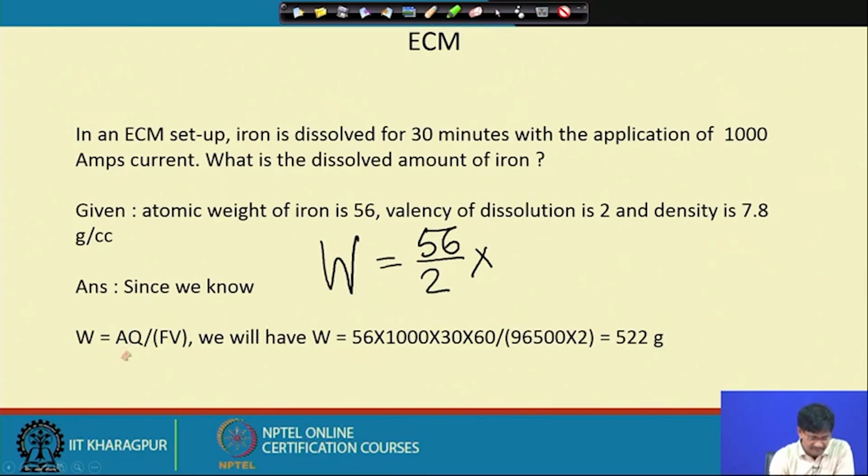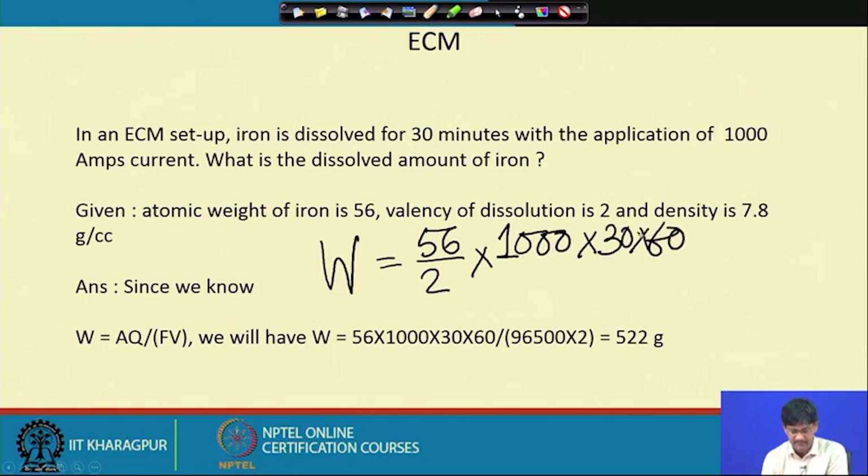Right. So, we have multiplied by charge, which is amperes, ampere is 1000 amperes, into time 30 minutes into 60, that gives us seconds. So, this is the total amount of charge in coulombs.